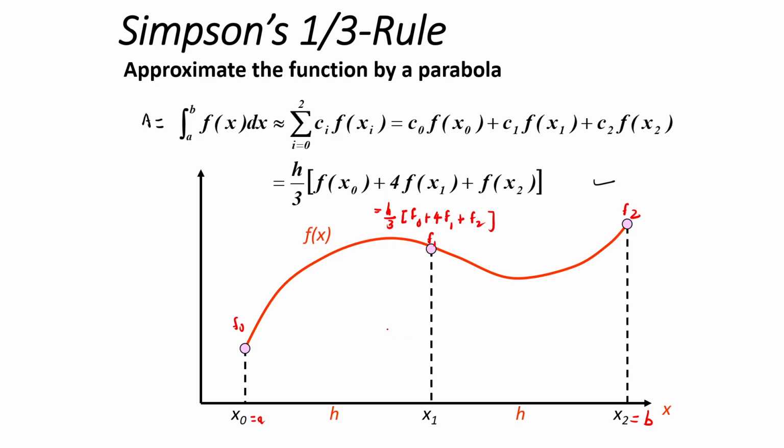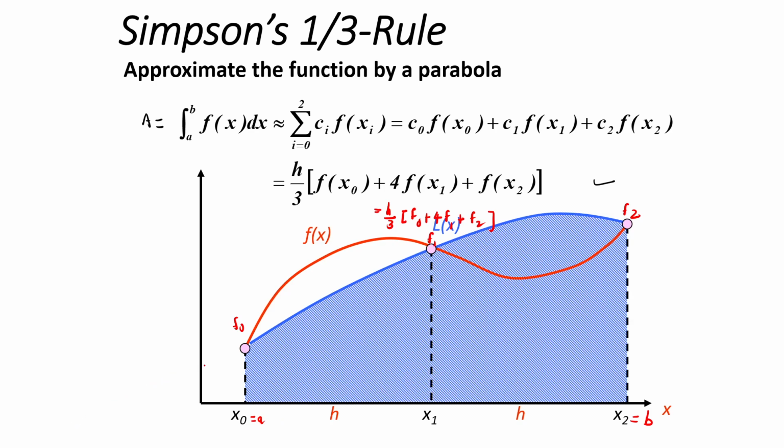So Simpson 1/3 minimum must be two segments. And of course if you estimate using two segments, there will be errors. Actually how they obtain this formula is through formulation using the Lagrange technique.